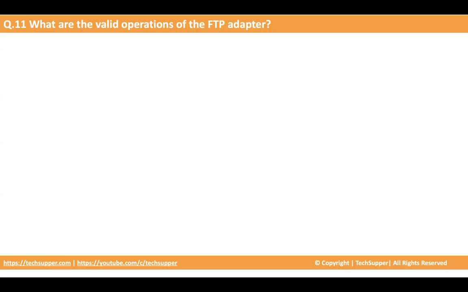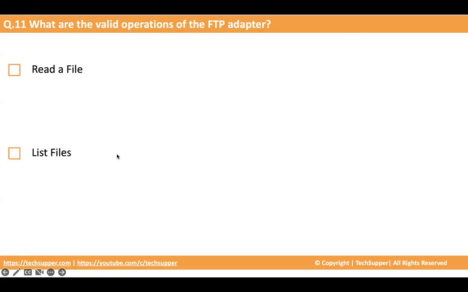When you use the FTP adapter, we will have various operations. So what are the valid operations you see? If you don't know, you can open the integration, drag and drop the FTP adapter and see the various operations. So let's see what are the options that we have.